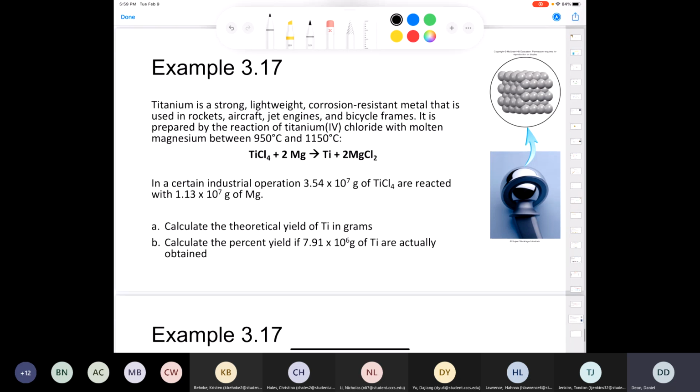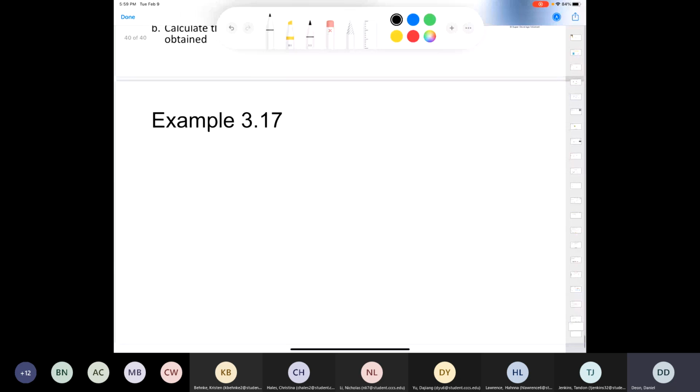And so this is turning into another limiting reactant problem, right? We have our equation, which is balanced for us: our titanium 4 chloride plus our 2 magnesiums produce titanium plus 2 magnesium chloride, like this. They tell us the mass of the titanium 4 chloride.